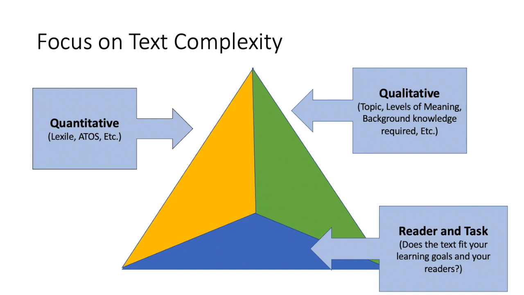So this is a model that appeared in the 2010 standards about text complexity. They envision text complexity as a 3-parted triangle. And the 3 parts of the triangle are quantitative, qualitative, and then reader and task. So the quantitative features of a text include things like a Lexile level, which can be looked up on lexile.com.